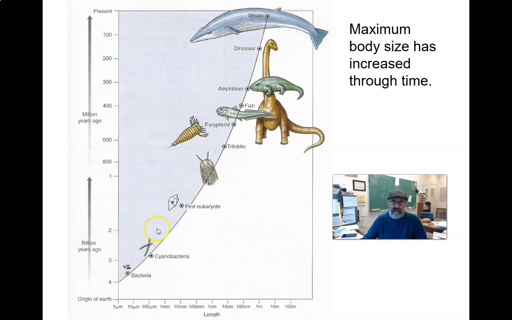So the question is, in terms of architecture and ecology, if we see this pattern, that begs the question: what is beneficial about being bigger, right? Why, as time goes on and as evolution acts on existing genetic code, have we seen an increase in the maximum body size?